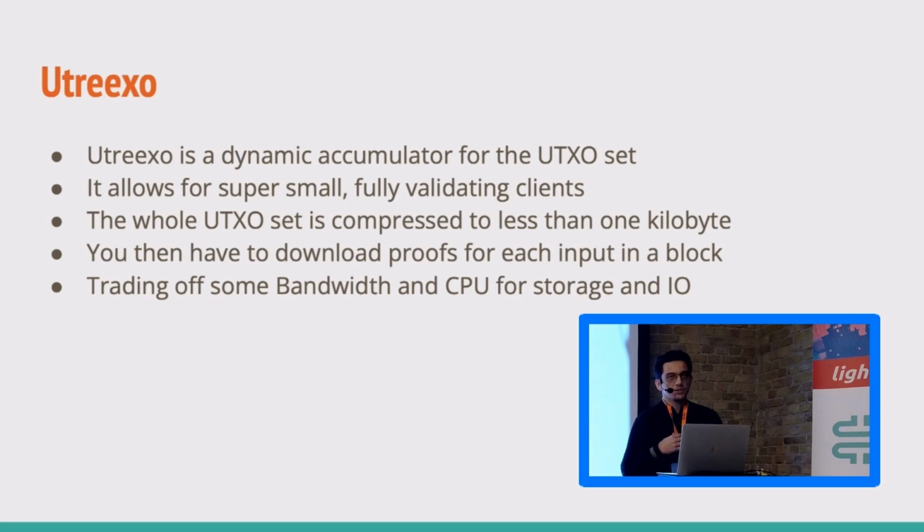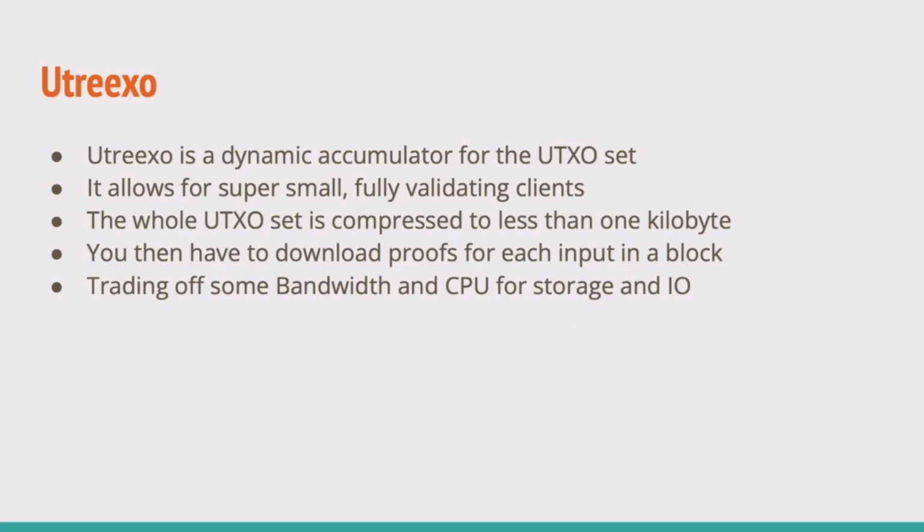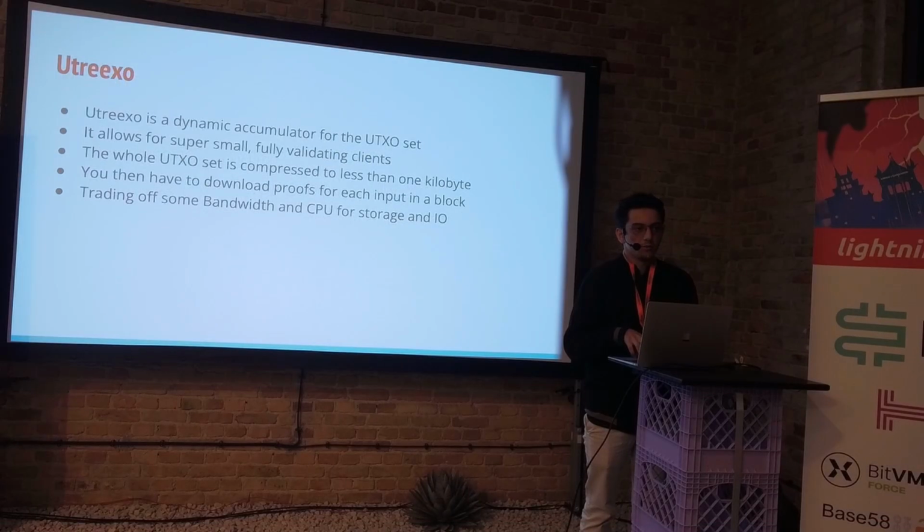With that, you change the trade-offs. Instead of having big, fast SSDs and not using a CPU at all, if you ever ran a node, you've probably realized that the CPU is not the bottleneck at all. It's just I/O, going to the disk and coming back. With Utreexo, you're actually using the CPU, which is good because everyone has probably heard about Moore's law, hardware is getting faster, but I/O is not getting that fast.